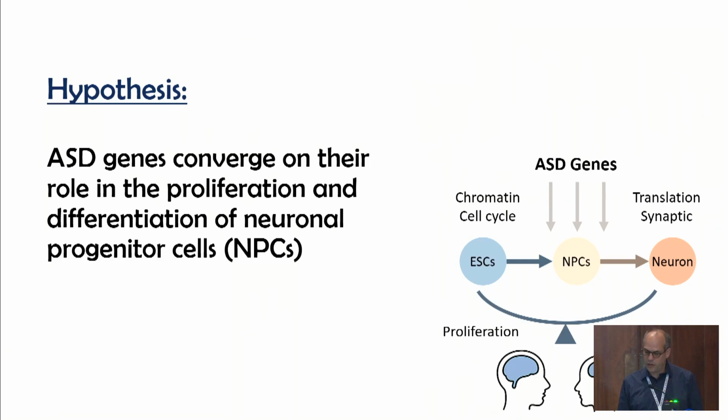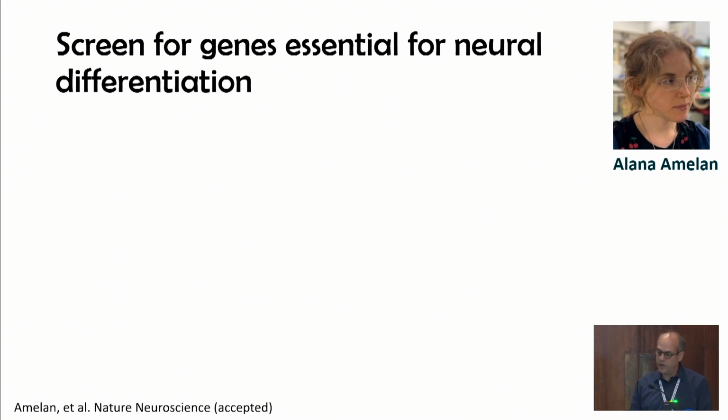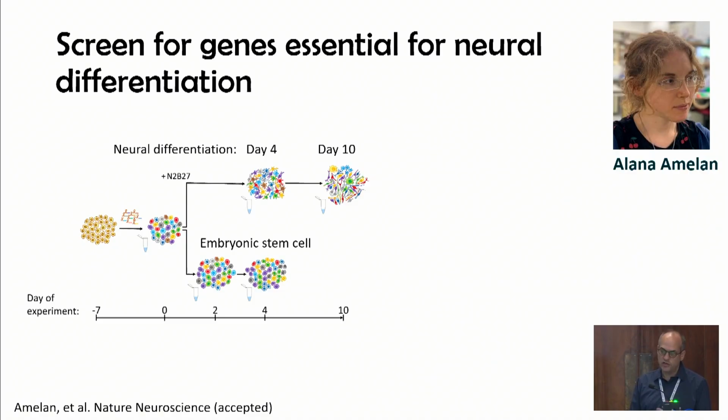To test this kind of hypothesis in an unbiased way, Alana Amiran, a PhD student in my lab, designed a screen for genes that are essential for neural differentiation. The way she did that was to take mouse embryonic stem cells and transfect them with guide RNAs that target almost all the genes in the genome, in a way that each cell has a mutation in a different gene.